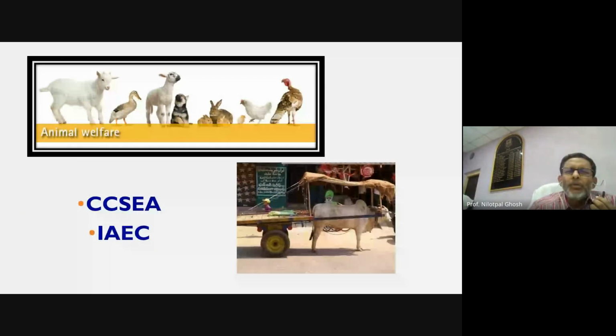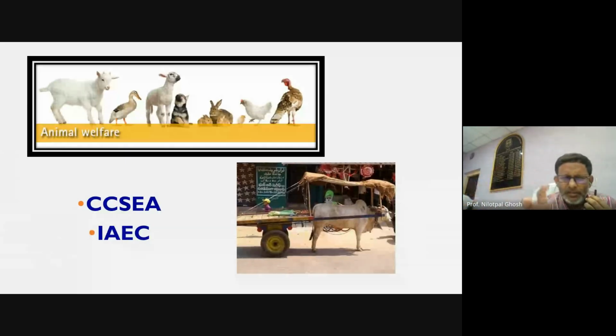Now, another consideration, which is not directly related to the integrated farming system, but I am showing this, giving more emphasis: the animal welfare issue. Animals may be used in the farming system.